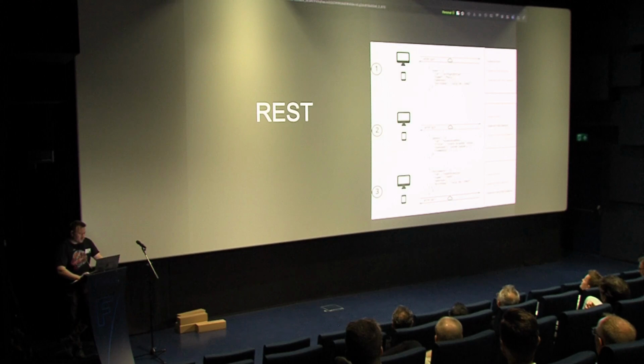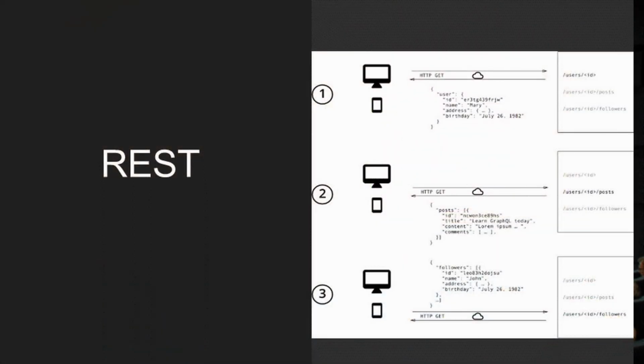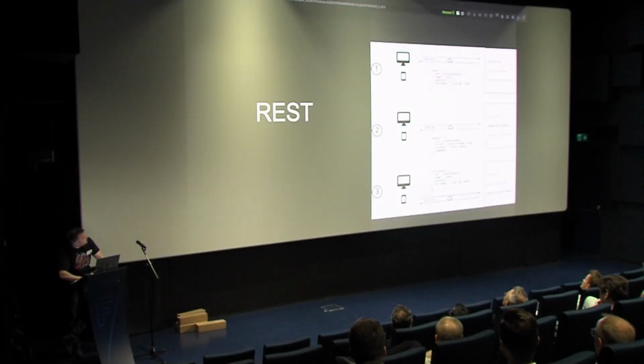So I wanted to focus more on the REST aspect of this structure. The classic problem in REST is the under and overfetching problem. Underfetching means that when I am interested in information about the user, I only retrieve a certain slice of information about this user.